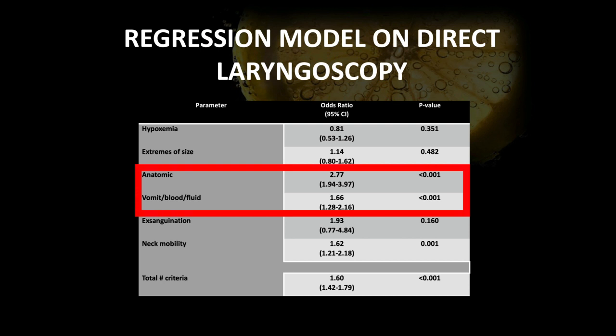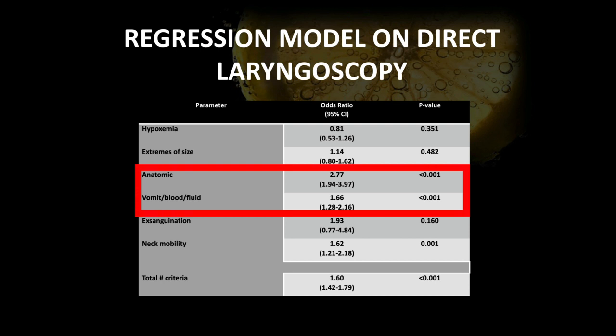We actually have in the direct laryngoscope data set in comparison. In the direct area, really looking at it from the anatomic disruption, the vomit, blood, fluid in the airway, it was significantly better to use a direct view in comparison to the other approaches.